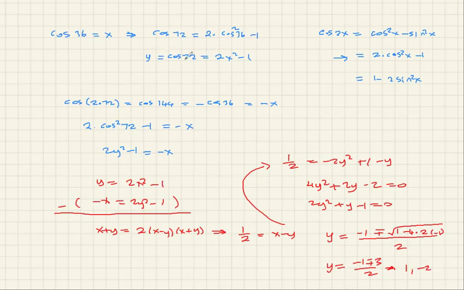So the cosine 72 is positive, so we just need to take this guy, which is 1. But it doesn't make sense because we do have cosine 72 as the y value, which is equal to 1. So there is something wrong with that. I hope I didn't mess up my equation.